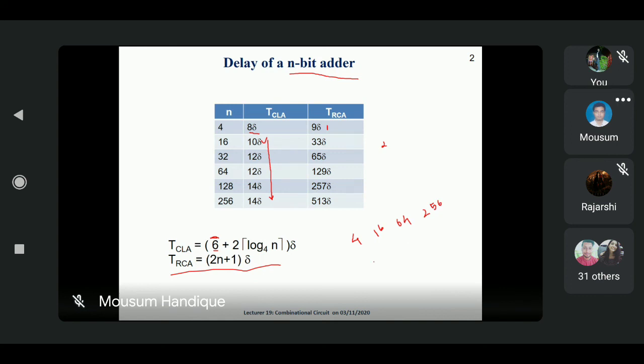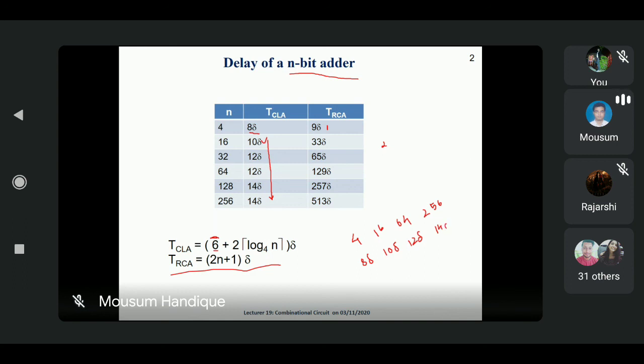So what happens if 4-bit is 8 delta? We can add extra parallel computation of carry, which requires only 2 delta. So 8 plus 2 is 10 delta. 10 delta plus 2 is 12 delta. Yes or no? And 12 plus 2 is 14 delta.